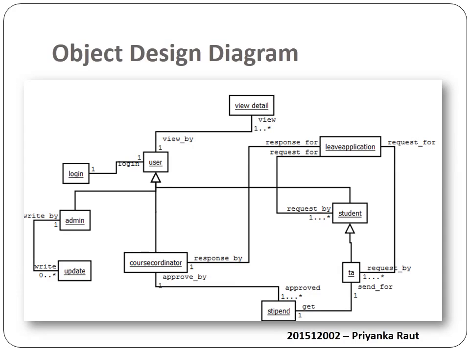This is the object design diagram, in which we have started our diagram with the flow of login. The user first logs into the system, and then he will get the view details according to his role. The first user is student. A student can view his details as well as perform actions like sending a leave application.